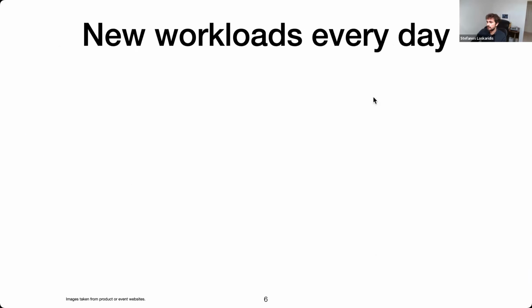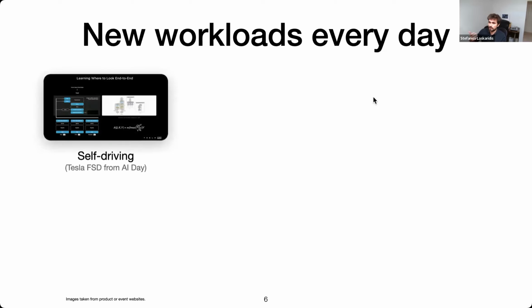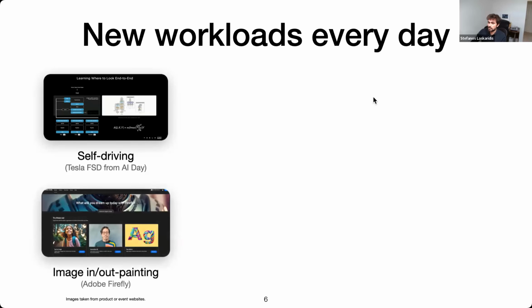Right. At the same time, we have novel workloads making their appearance by the day, ranging from self-driving with Tesla FSD to image generation, with an example being Adobe Firefly.